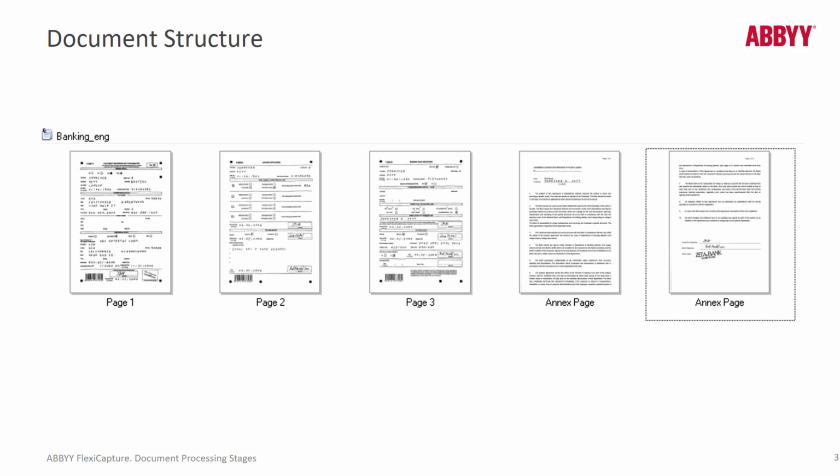Here is a display of a 5-page document. What we have here is 3 fixed form pages. It's one document. So page 1, page 2, and page 3. And then we have 2 annex pages. And annex pages are supporting documentation. So we OCR that page, but we don't extract field data from annex pages.